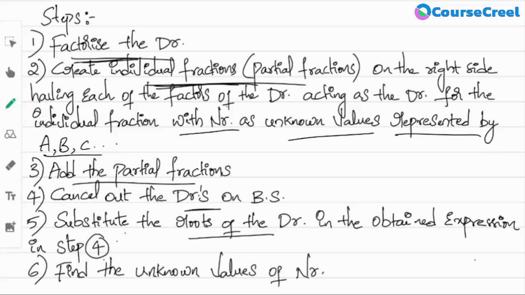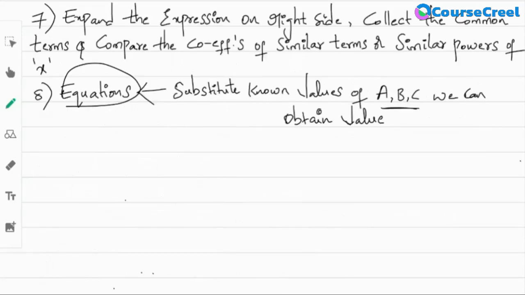After adding the partial fractions, the denominators on both sides will be the same, so cancel out the denominators on both sides. Then substitute the roots of the denominator in the expression obtained in step 4, so that we will be able to find the unknown values of the numerator.